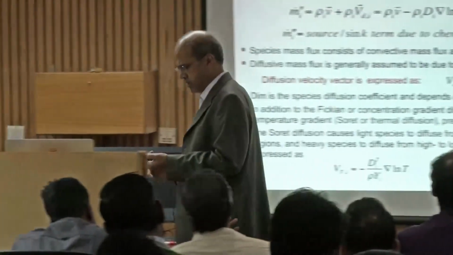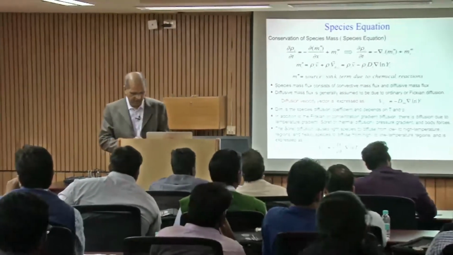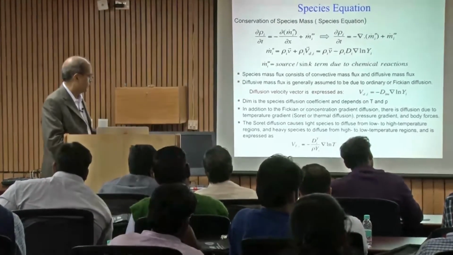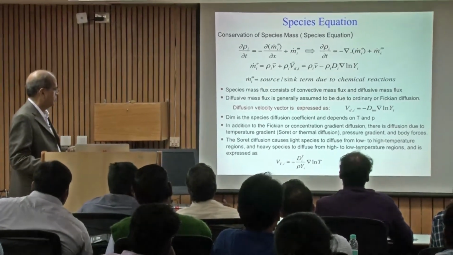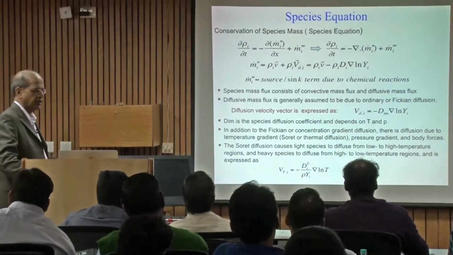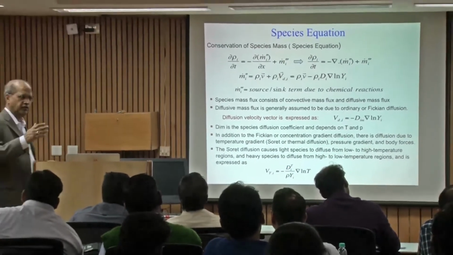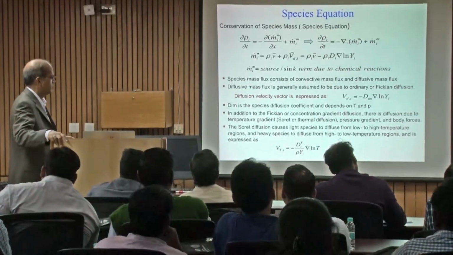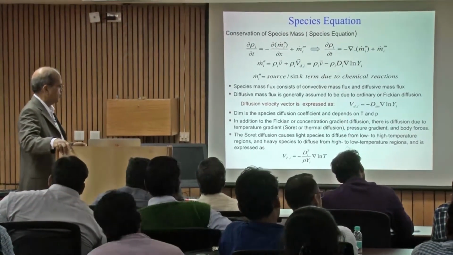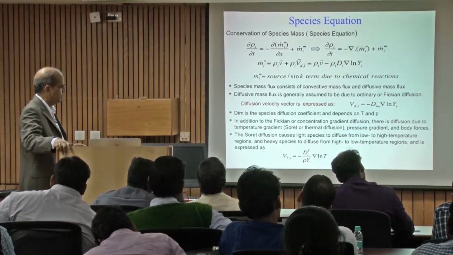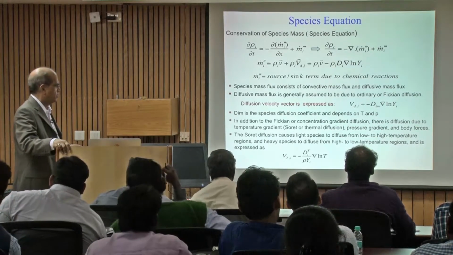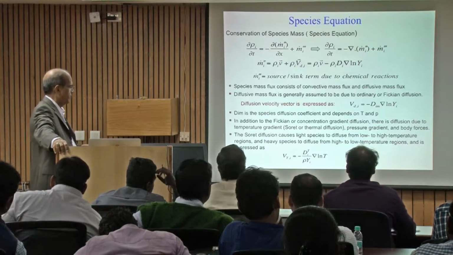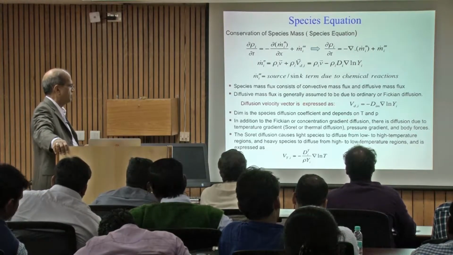Then there are a couple of slides on the mass diffusion process. How do you write this diffusion velocity? There are different levels of treatment for this. There is a very comprehensive treatment, multi-component diffusion, or you can consider a mixture with one-component diffusion.